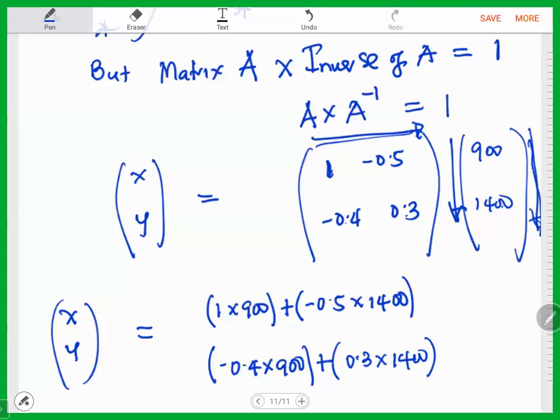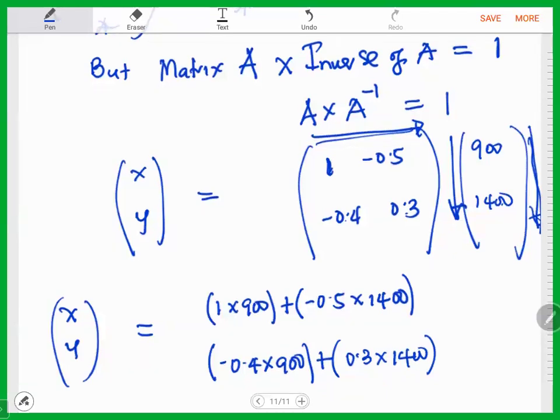The values on top are the X and below are the Y. So 1 times 900 plus negative 0.5 times 1,400 gives you 200.